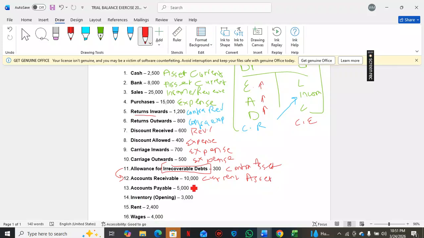Okay. Accounts payable. This one is a liability now. That's correct. Current or non-current?